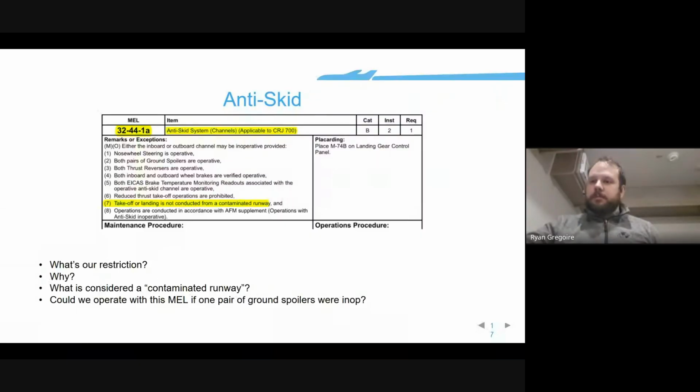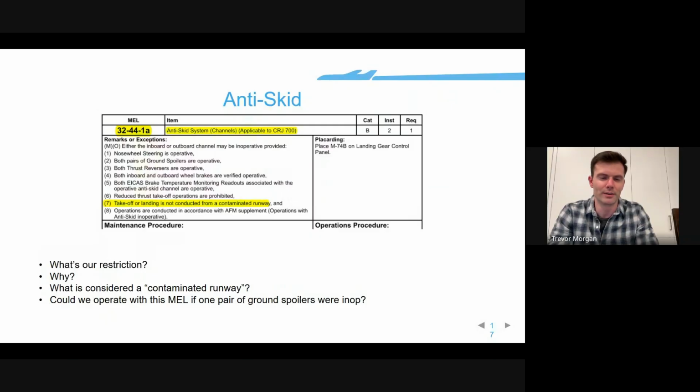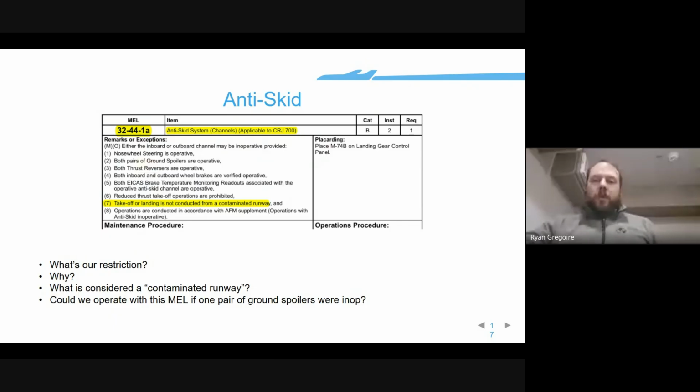Trevor. It has to be greater than 25% of a contaminant that's greater than 1/8 inch deep. Correct. Greater than 25% is covered with greater than 1/8 inch of snow, slush, water, etc., or any amount of ice.